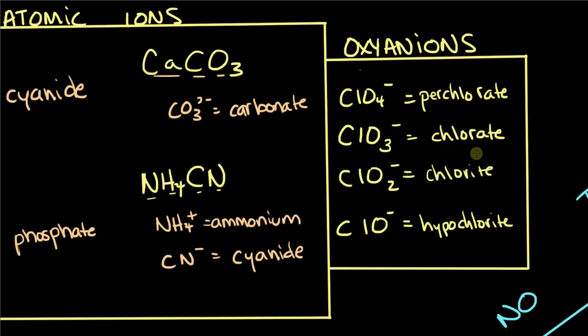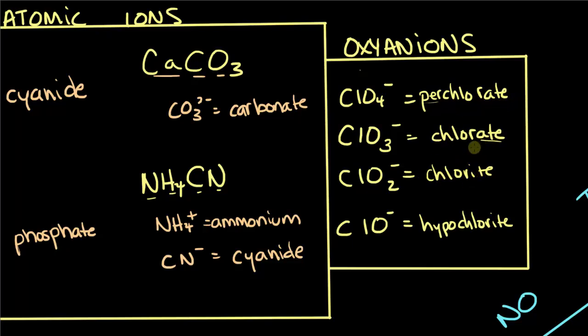So you'll see there's an oxyanion that has an ate ending, and then these various modifications of that give the polyatomic a different little prefix or suffix. If you add an oxygen to the ate, you get per whatever ate. If you subtract an oxygen, it goes from ate to ite.